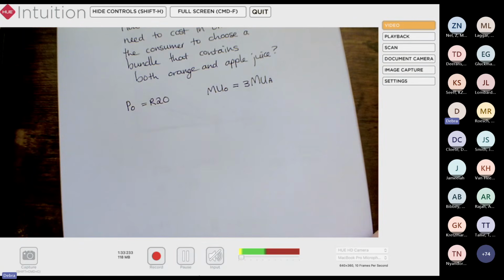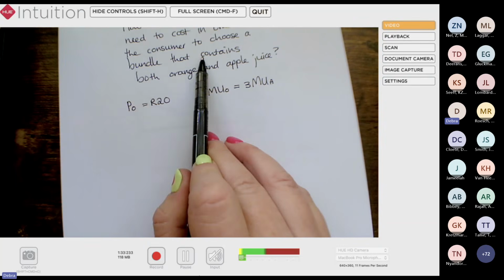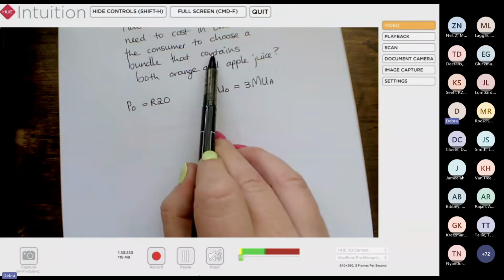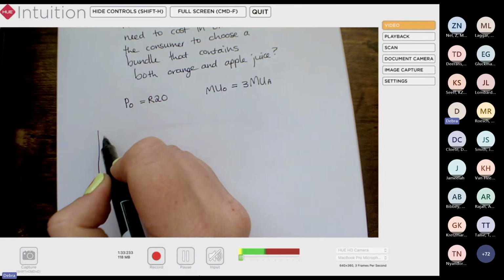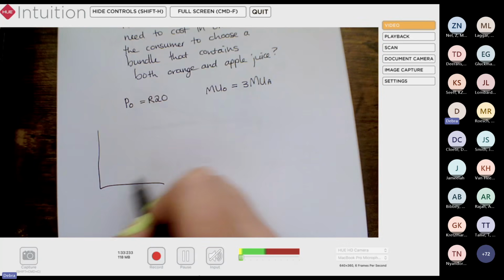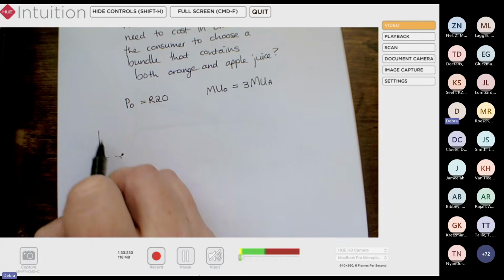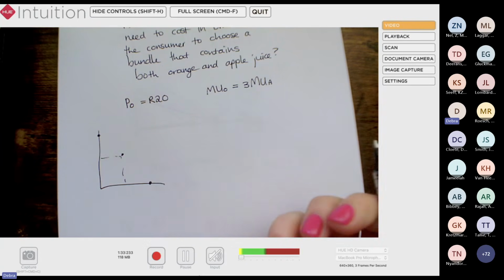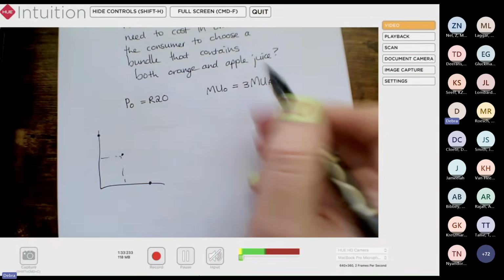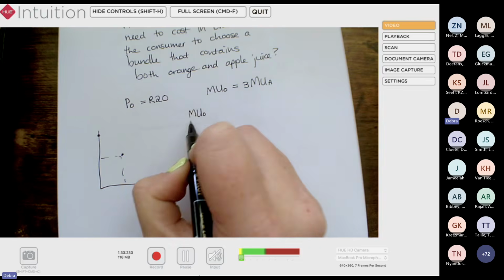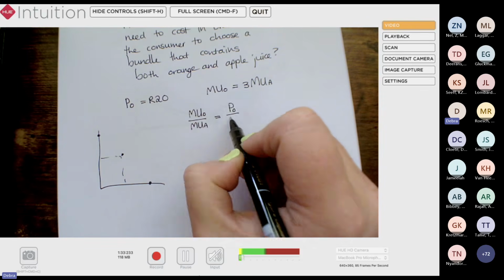If we are consuming both products in equilibrium, so when we are optimizing by consuming both products, that must mean we have a point of tangency. It must mean that we are somewhere in our picture where we end up at a bundle that has both of them. We're not at a corner solution where we only have one thing or only the other thing. So what I would then say is that it must be true, if I consume some combination of both, that the marginal utility from orange juice over the marginal utility of apple juice must be equal to the price of orange juice over the price of apple juice.